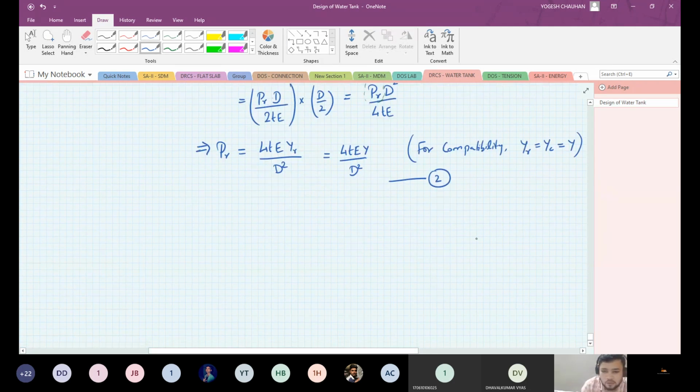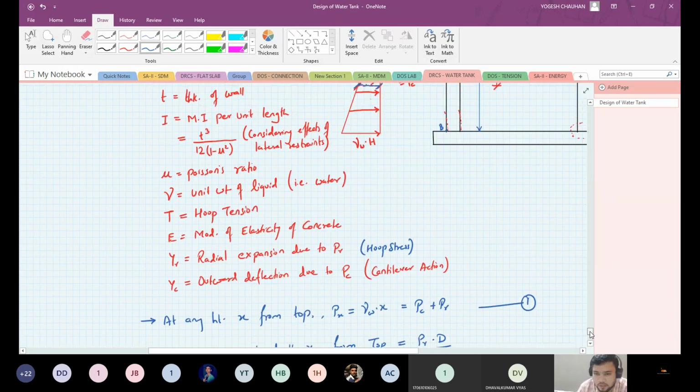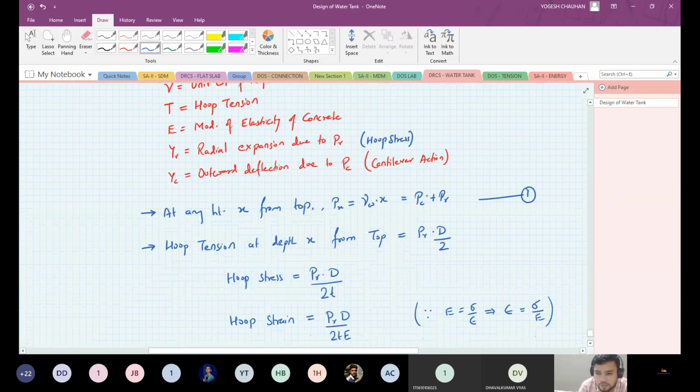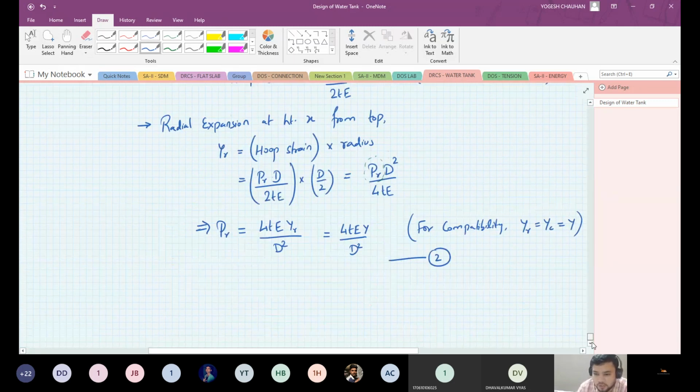Now for this term Pc, we will use the simple bending theory.